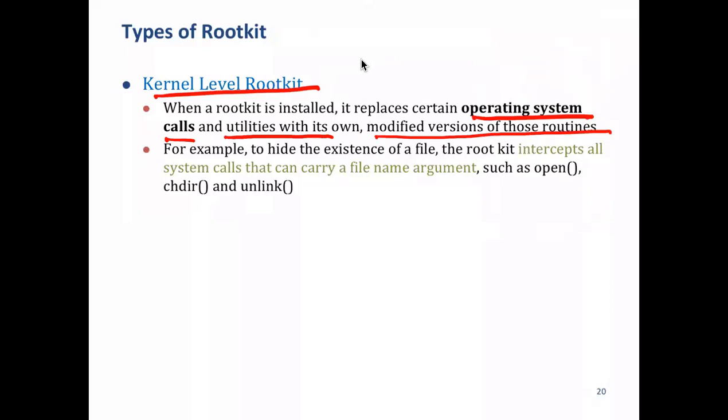It's finally handled by a routine. And why not replace that routine? Once you are in the OS, you can do that. Or you can change the pointer. A system call is nothing but a pointer to a routine, right? You change the pointer to a malicious routine.